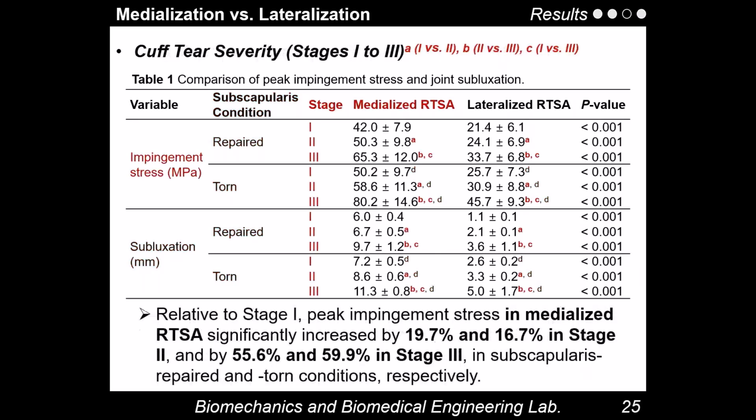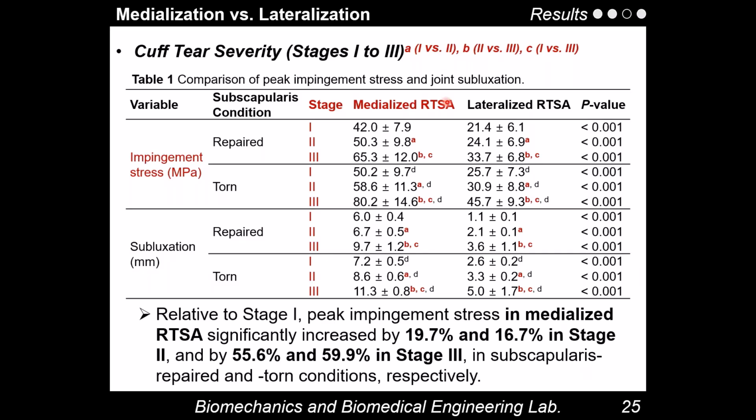Now, let's move on to our focus on the cuff tear severity. As highlighted in red, let's look at the stage columns alongside the peak impingement stress for the medialized RTSA model. Compared to stage 1, the peak impingement stress in the medialized RTSA significantly increased by 19.7% and 16.7% in stage 2.